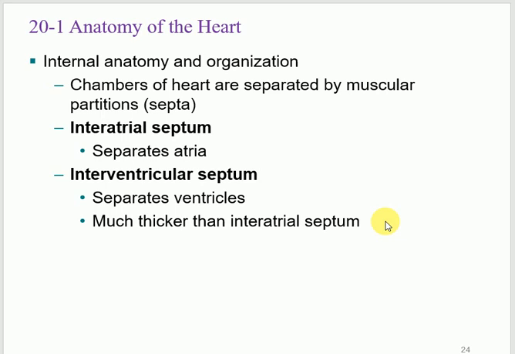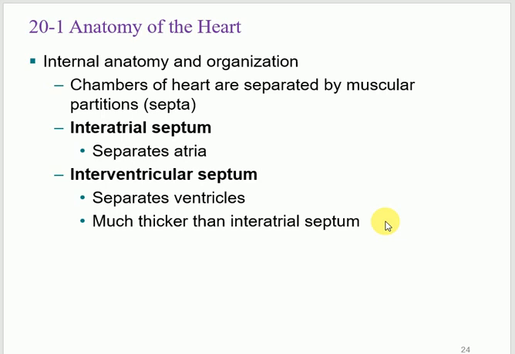Septa, I talked about it. The septum in between the two atria is called interatrial septum. And again, please, medical terminology, I keep on saying that. Inter is not intra. Inter is in between. Interatrial, in between the two atria. Intra-atrial, inside the atrium. We're not talking about intra, it's inter. So interatrial septum, the septum between the two atria.